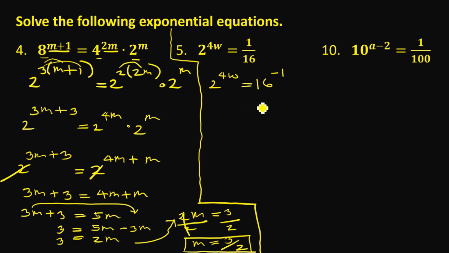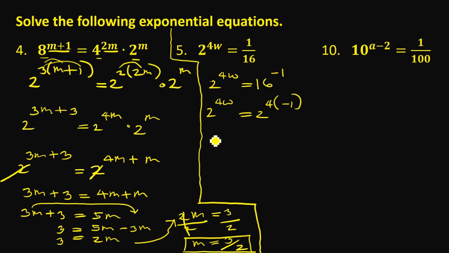Next, we're going to express both sides with the same base. We have 2, and 16 can be expressed with the base 2 as 2 raised to 4. So we have 2 raised to 4w equals 16, which can be expressed as 2 raised to 4, since 2 raised to 4 is 16, then times negative 1.